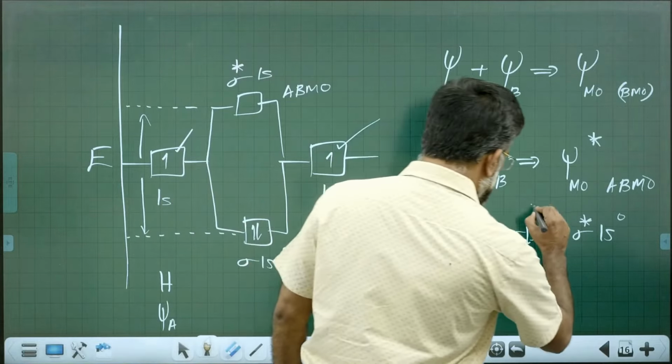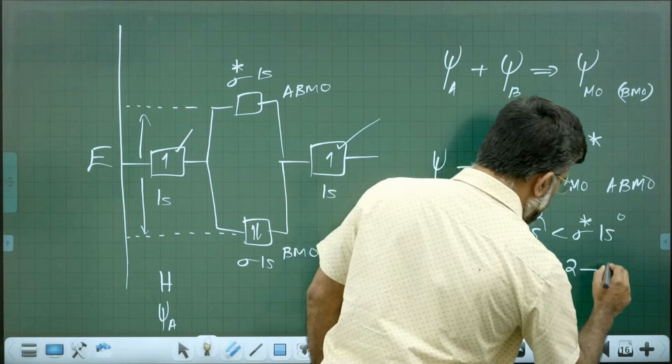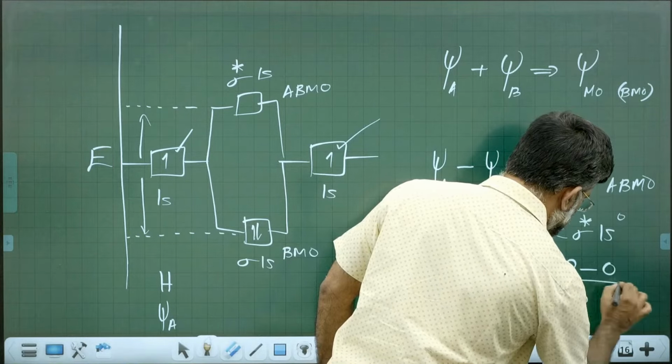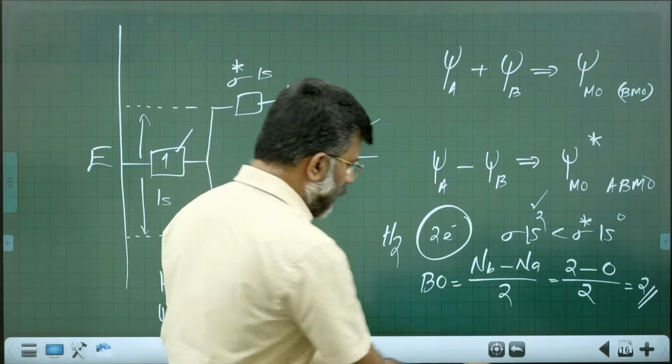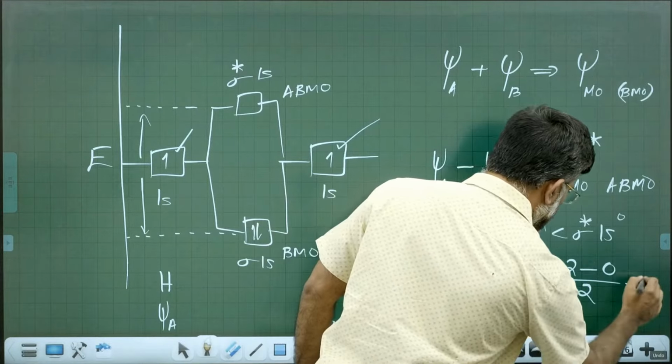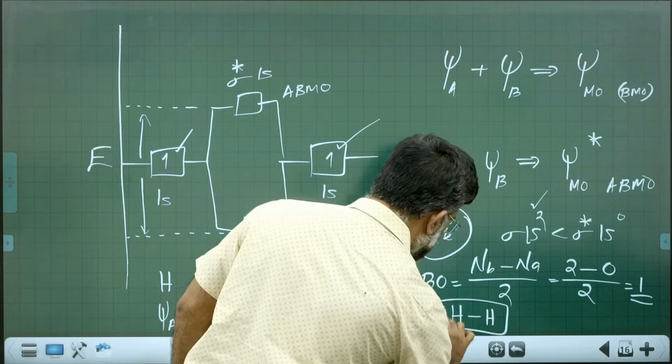That means number of electrons in bonding molecular orbital 2 minus number of electrons in anti-bonding molecular orbital 0 divided by 2. You are getting 1 as the bond order, and it is an H-H single bond.